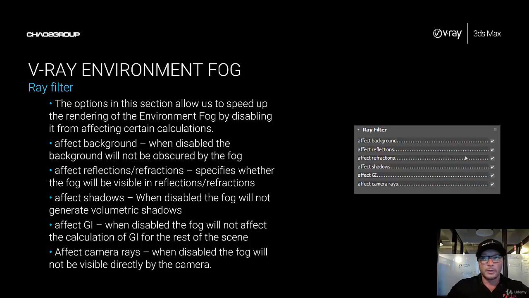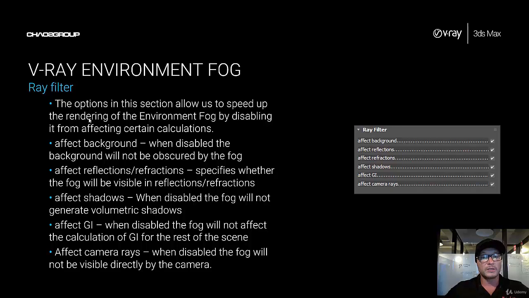Ray filter. Here we can disconnect different effects of that fog, for example removing it from reflections, in order to speed up our render. The options in this section allow us to speed up the rendering of the environment fog by disabling it from affecting certain calculations. Affect background: the background will not be obscured by the fog.